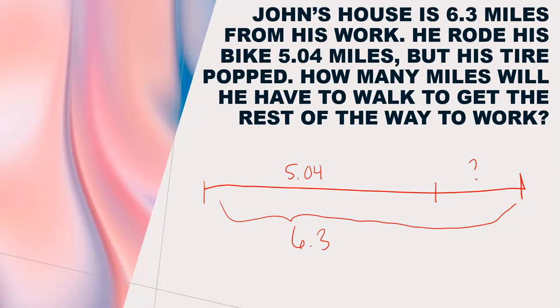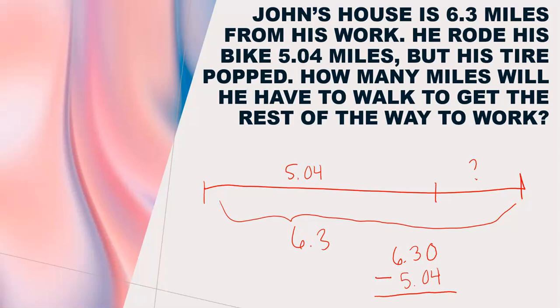So in order to do that, we need to subtract. We need to take 6.3, the full distance, minus 5.04, what he already did, to see what's left. So 6.3 minus 5.04. We need a placeholder 0 here for that. And we're going to start subtracting.